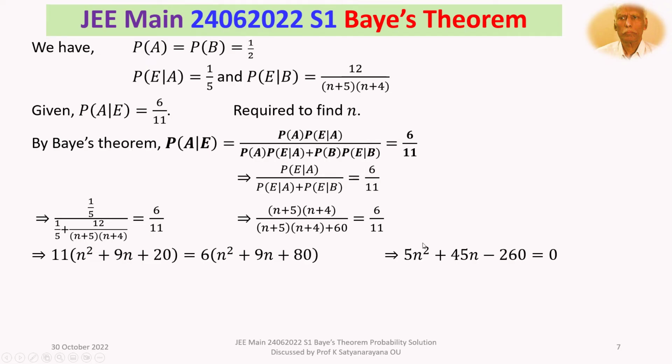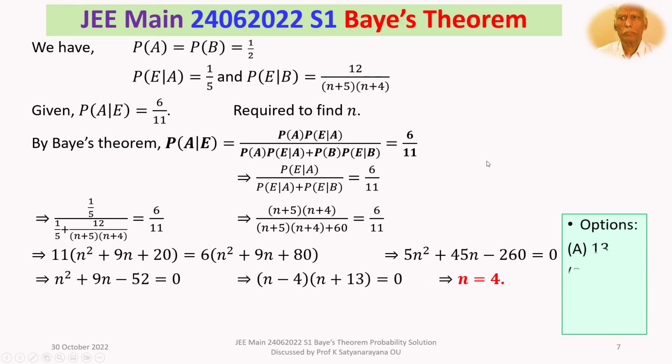We see a 5 is common throughout, and cancelling it, we get n square plus 9n minus 52 is equal to 0. The factorization is very simple: 13 4s are 52 and 13 minus 4 is 9. That will imply n minus 4 into n plus 13 is equal to 0. That will give rise to n is equal to 4, and we cannot take n is minus 13, we can't have minus 13 balls. So n is equal to 4.